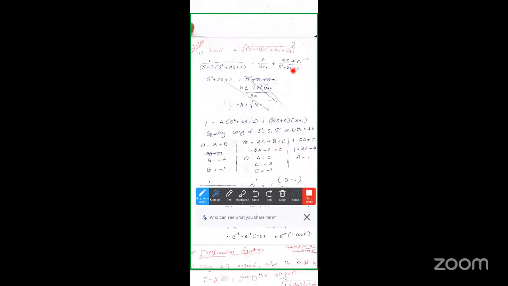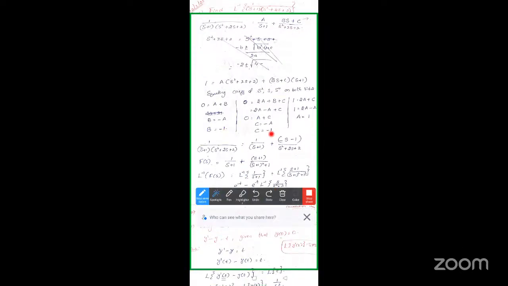Next, taking LCM on the RHS: A into s square plus 2s plus 2 plus Bs plus C into s plus 1 is equal to 1. Equating the coefficients of s square, s and constant terms on both sides, we get the B value, A value, C value.